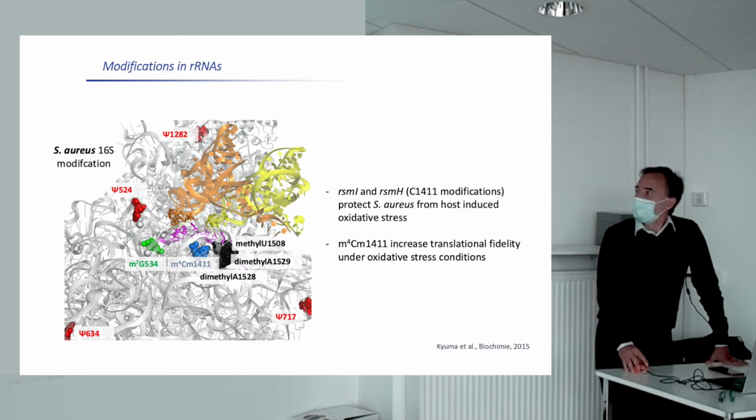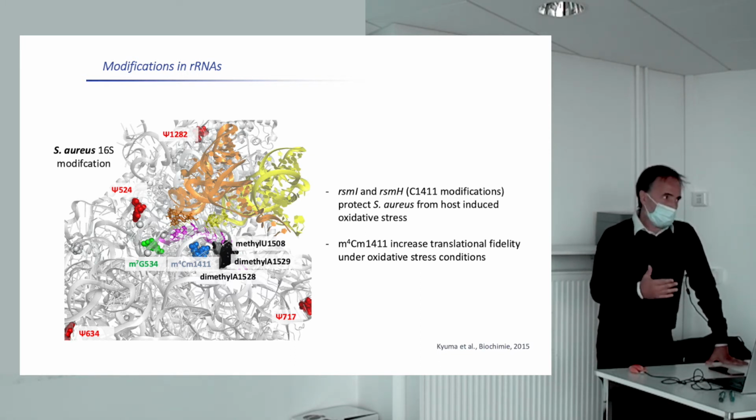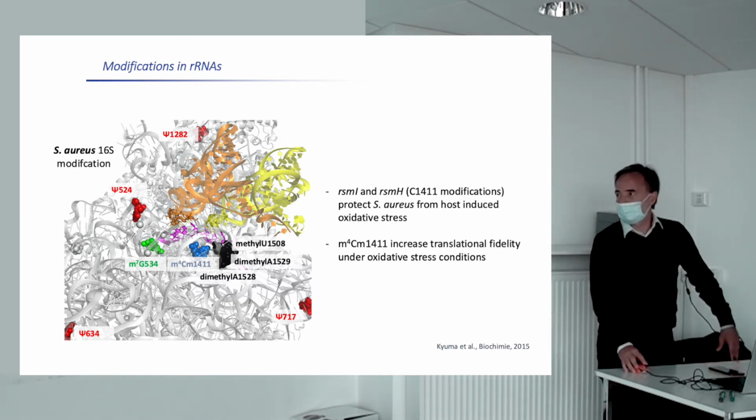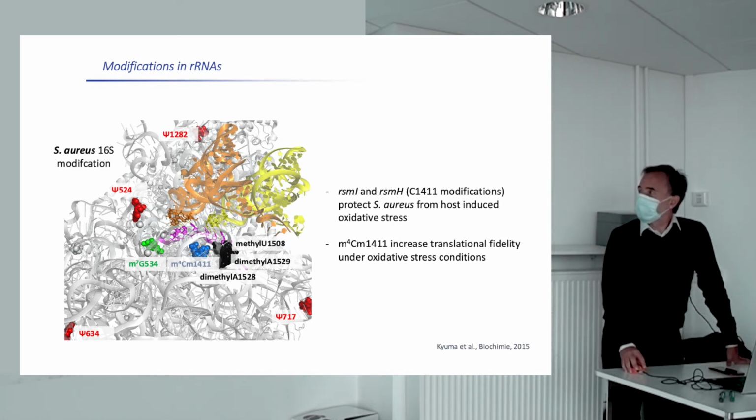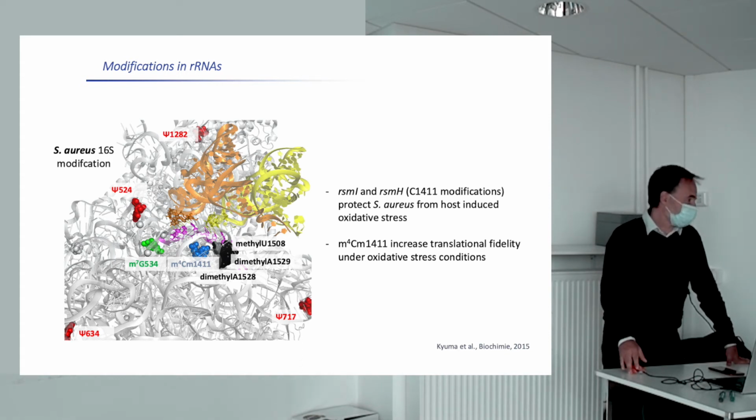Okay, so what do we know? We know, for example, that if we delete the enzymes that are responsible for this methylation, there are two methyl groups added to this cytosine, Staphylococcus aureus becomes more sensitive to oxidative stress.